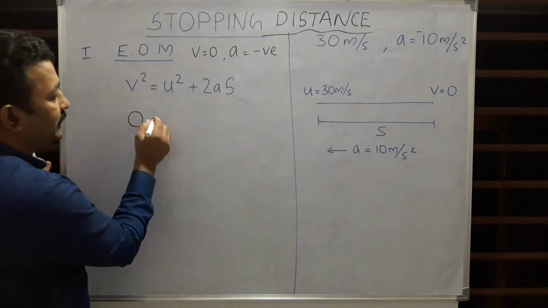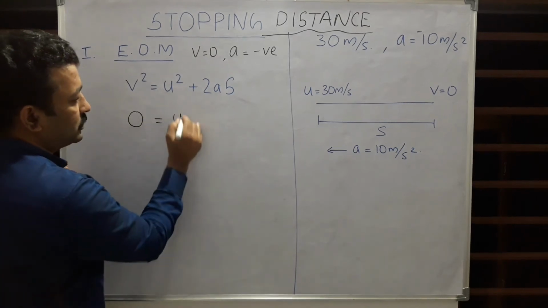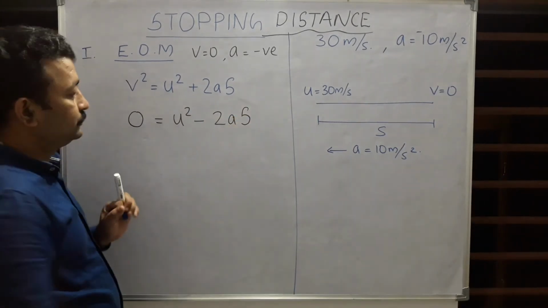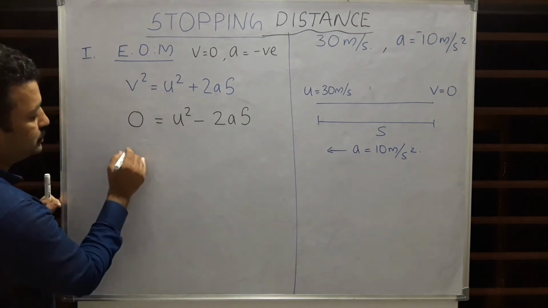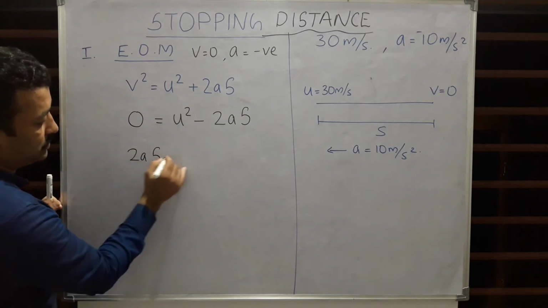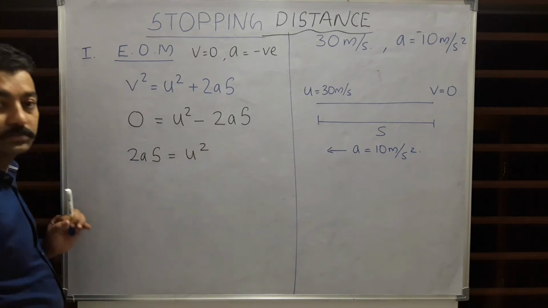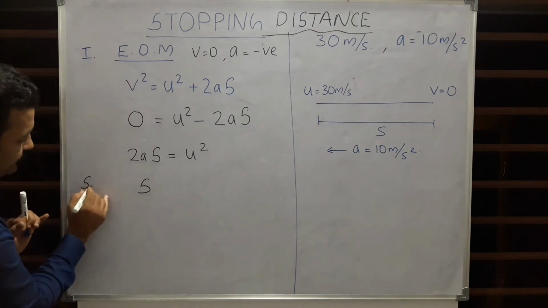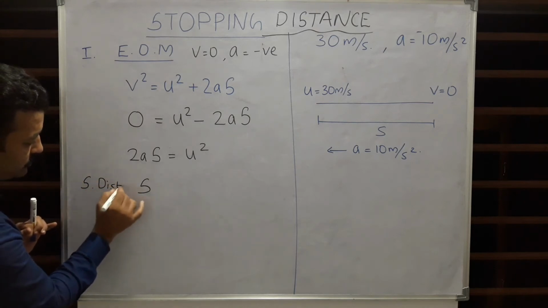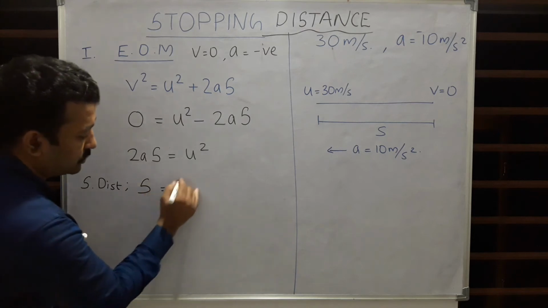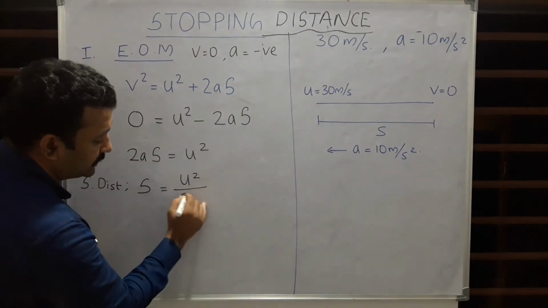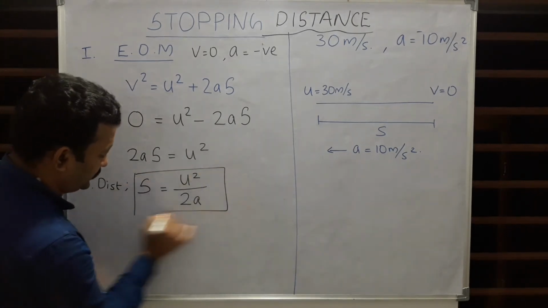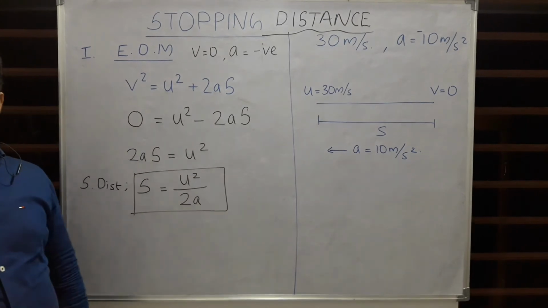Substituting, I'll get 0 is equal to U square minus 2AS. Rearranging this, I'll get 2AS is equal to U square, or the stopping distance is given as S is equal to U square divided by 2a. This is the expression for stopping distance.